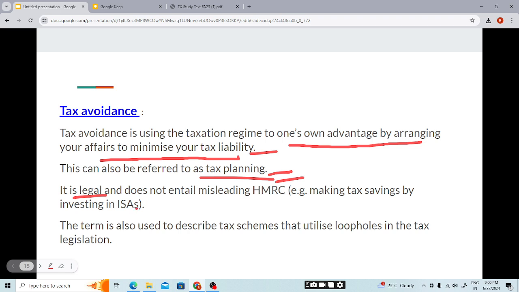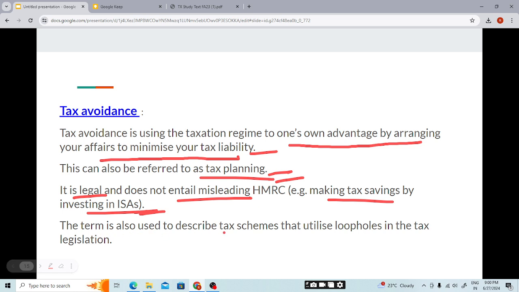Tax evasion is illegal, but tax avoidance is legal and does not entail misleading HMRC. An example is making tax savings by investing in an ISA, an individual savings account, which we will learn in the second chapter. For a certain amount in an ISA, the interest you get will be free. You need not pay income tax on it.